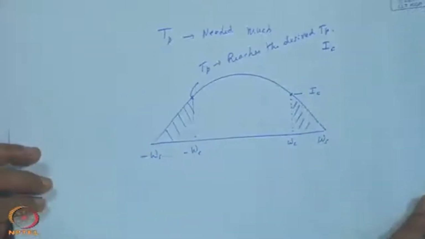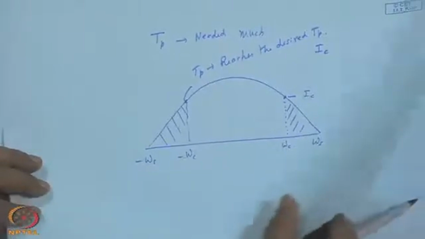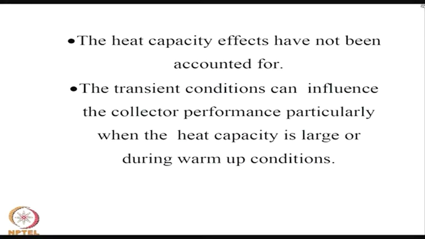I mean, it cannot heat before IC occurs, because that also defines the temperature which can be reached at that solar radiation level. So, heat capacity effect is not necessarily the accounting for accuracy of unsteady performance, but a necessity to determine also the operating period.